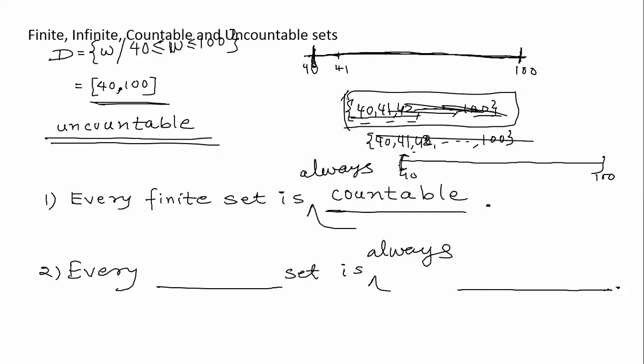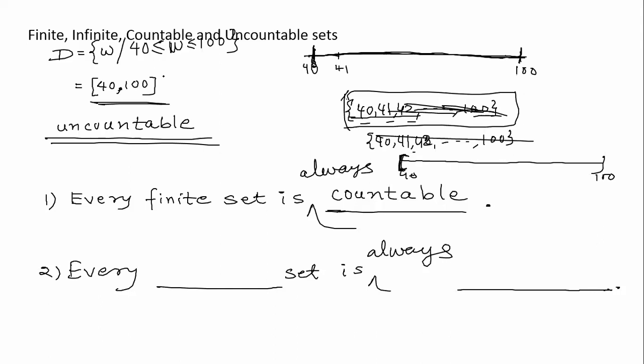That means 40 is the first element, that I know, but what is the next element after 40? Nobody can tell. I cannot tell, you also cannot tell, because it can be 40.0000 and then 1 somewhere. But between 40 and that number also there are infinite real numbers. So we cannot write the elements in a set separated by commas.